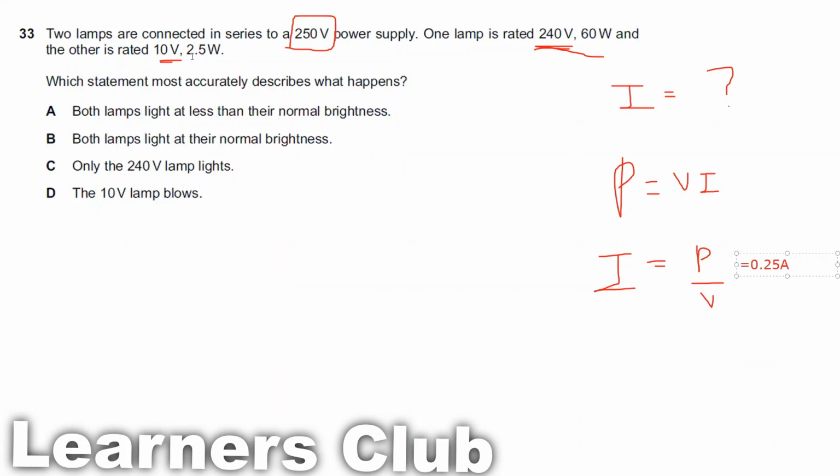Similarly, if you divide 2.5 by 10 volt, you still get 0.25 ampere. That means since the same current passes through both these lamps and they get the maximum amount of their required voltage, they work with normal brightness.